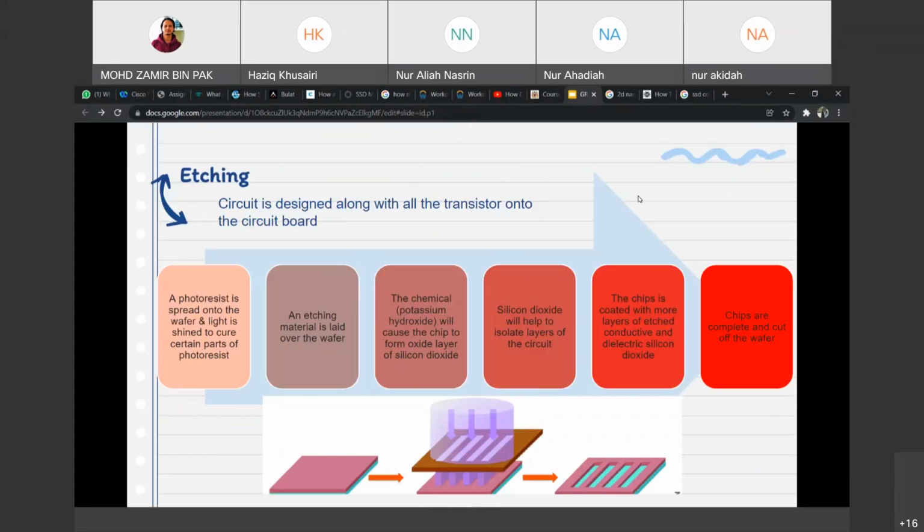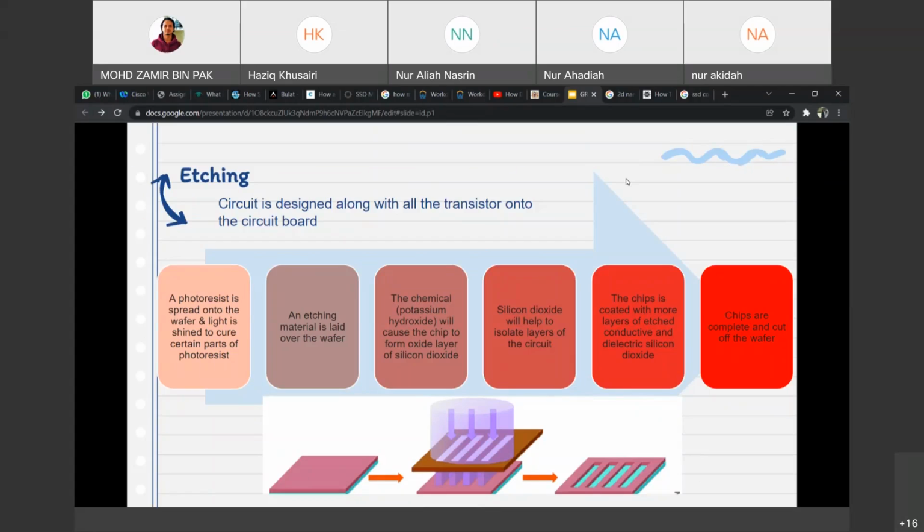So SSD manufacturers, as we know, are reaching the physical limits of how many transistors silicon can hold. This allows for much more dense data storage. Whether it's stacked or single layer chips, the creation of the circuit board will remain the same. So we use etching to design the circuit along with all the transistors.